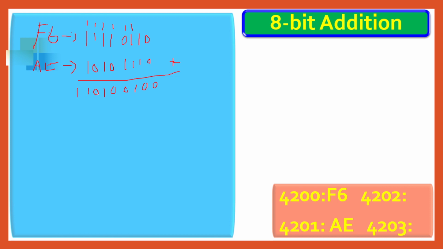So here this is the sum, and this one is the carry, the carry flag. The sum is 4, here it is A, so you will get A4. So the memory output should be A4, and here the carry should be 01.